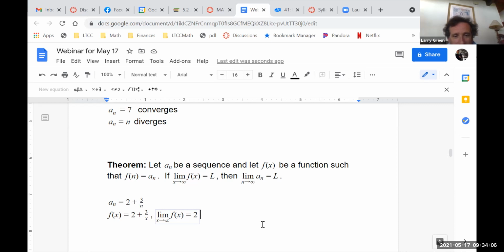So because of that, by the theorem, we can say the limit as n goes to infinity of a sub n must be equal to 2. And I just found it. Any questions on this idea?